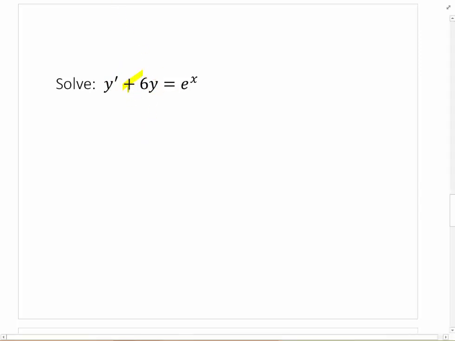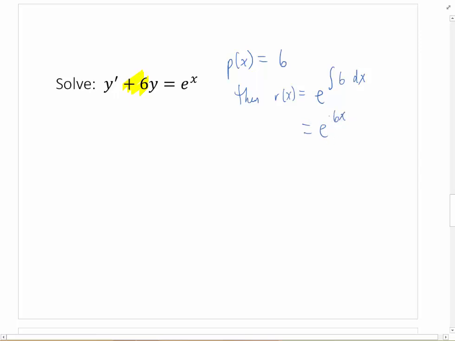So the p of x is this plus 6. Right? P of x from that form in the earlier slide is 6. So then the integrating factor, the r of x, would be e raised to the integral of 6 dx. And so that would be e to the 6x.